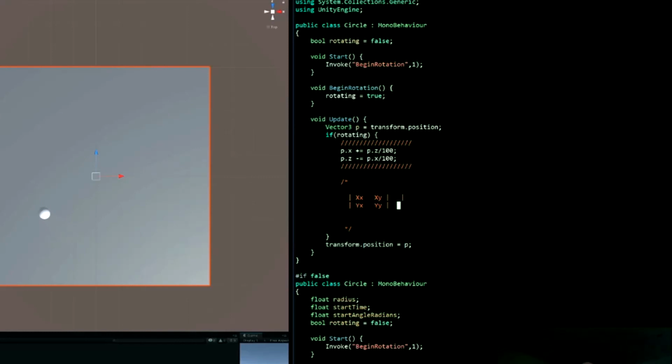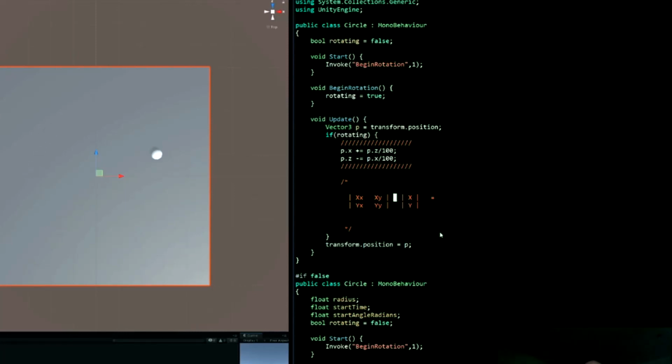Now, I can draw it out like this. So this is a matrix, a 2x2 matrix. And what you would do is multiply that by a vector. We could call this just x and y. This will allow you to rotate.